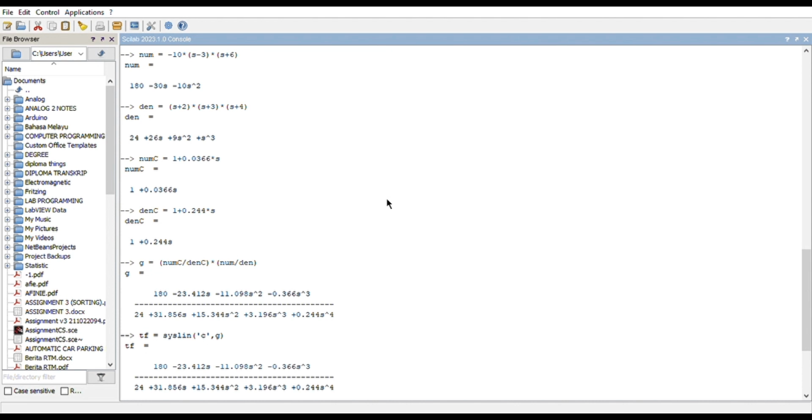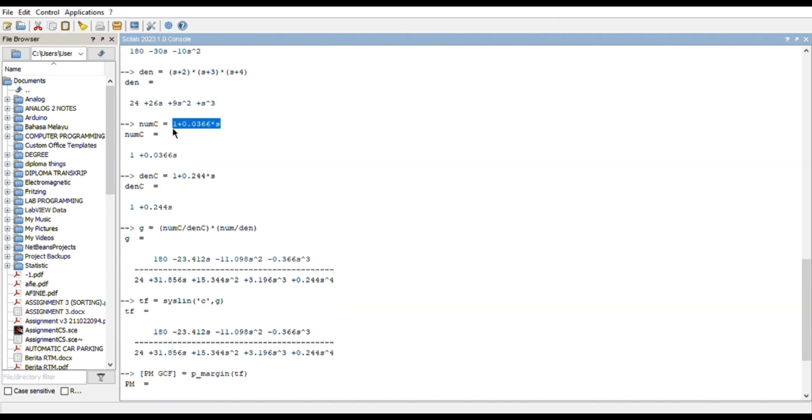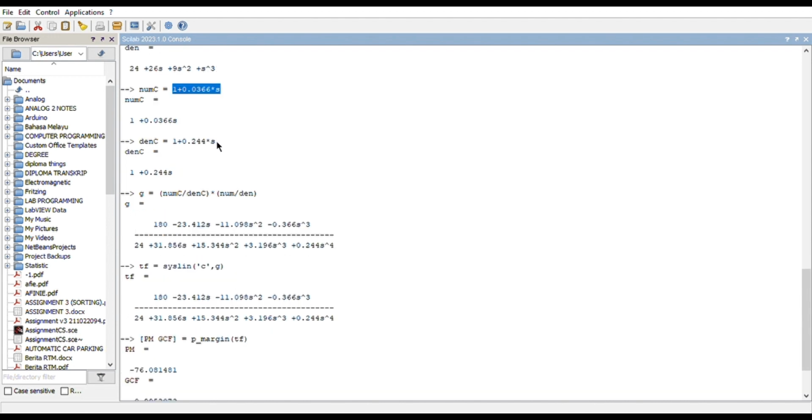For the lead compensator, we use the first Bode plot, where the k value is negative 10, the zeros are 3 and negative 6, while the poles are negative 2, negative 3 and negative 4. This is the new numerator which we got from the calculation, 1 plus 0.0366s, and the new denominator is 1 plus 0.244s.